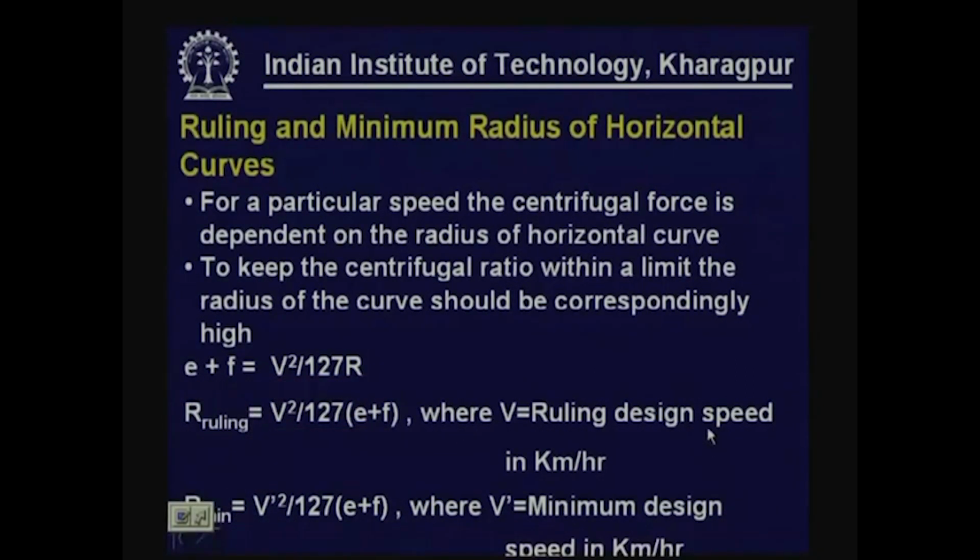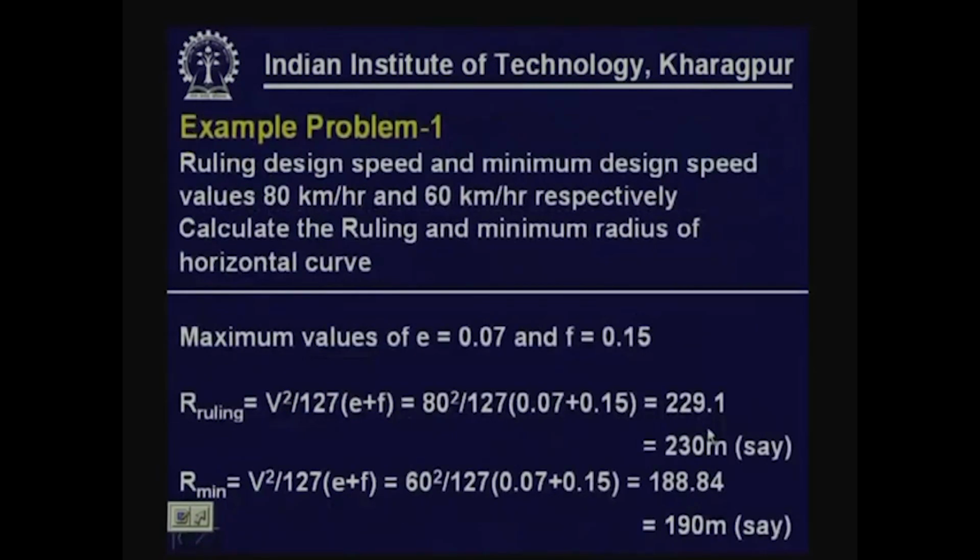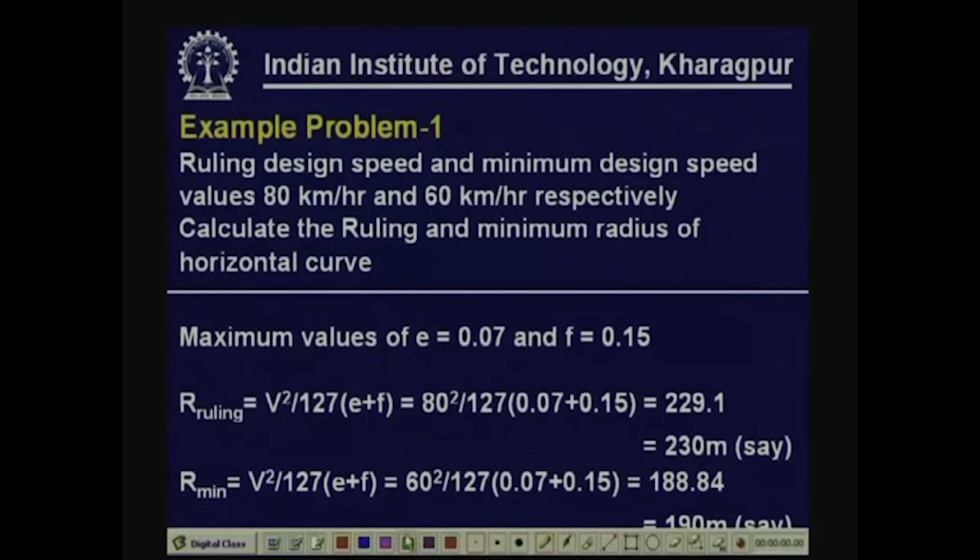Now, let us take an example, say the ruling design speed and the minimum design speed values are 80 km per hour and 60 km per hour. So, calculate the ruling and minimum radius.